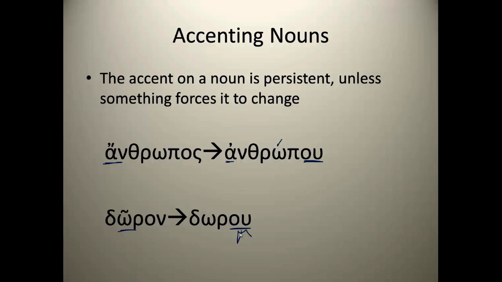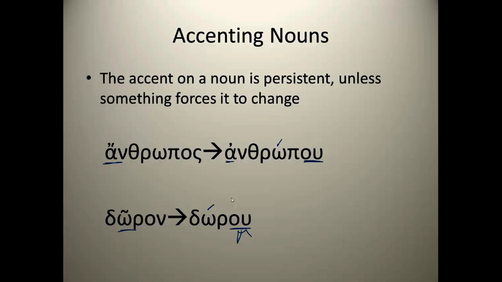And remember, per rule 3.1, we can't have a circumflex on the second to the last syllable if the last syllable is long, so it's going to shift from a circumflex to an acute. Now in all situations, it wants to stay on the same letter, so it can change shape, from circumflex to acute, before it changes position, as it did here. Right? So persistent, it wants to stay in that same place unless the spelling forces it to change.